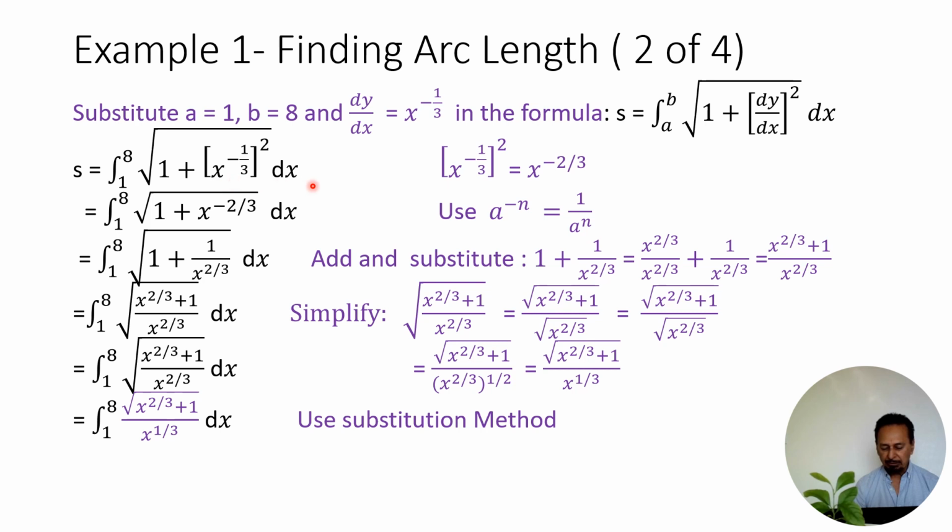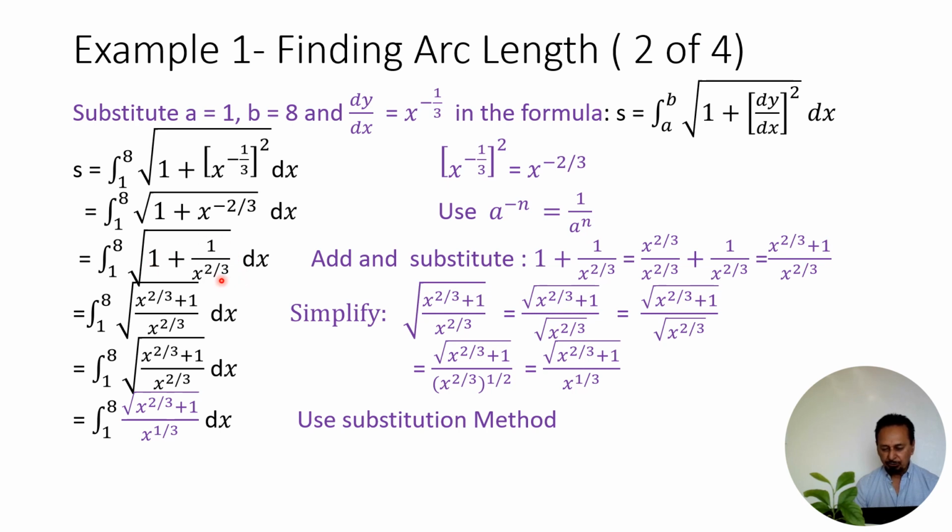Now we simplify by squaring x to the negative 1/3, which becomes x to the negative 2/3. So we have the integral from 1 to 8 of the square root of 1 plus x to the negative 2/3. Now we rewrite x to the negative 2/3, so we have the integral from 1 to 8 of the square root of 1 plus 1 over x to the 2/3.